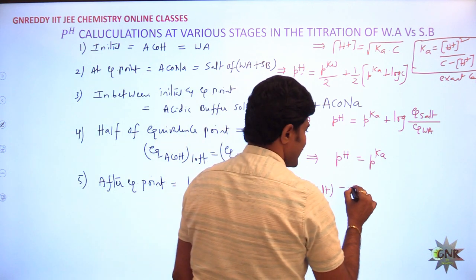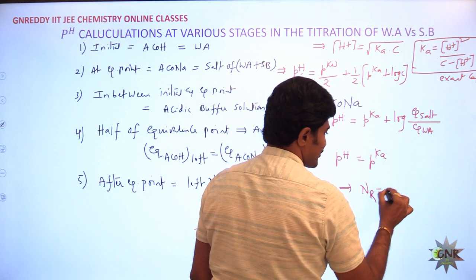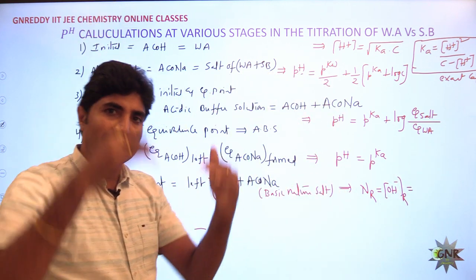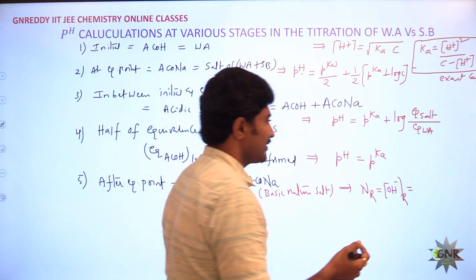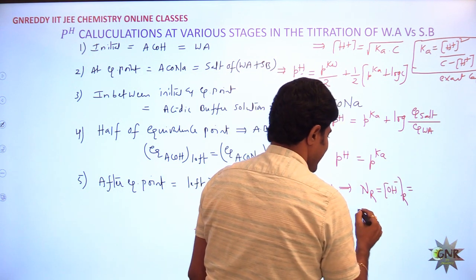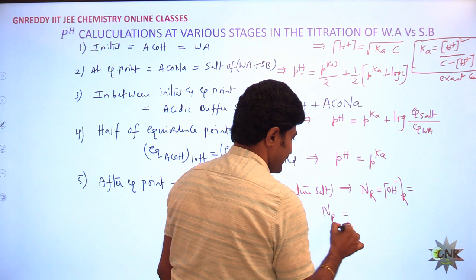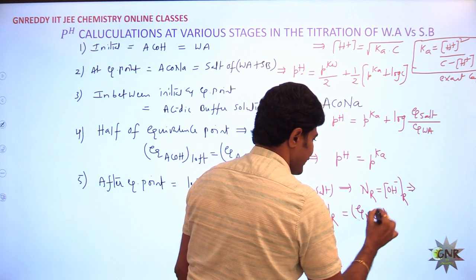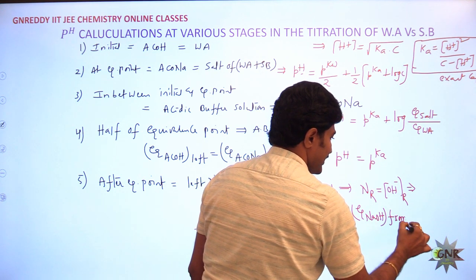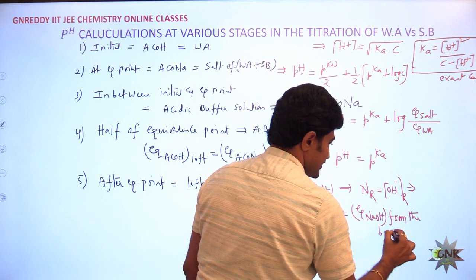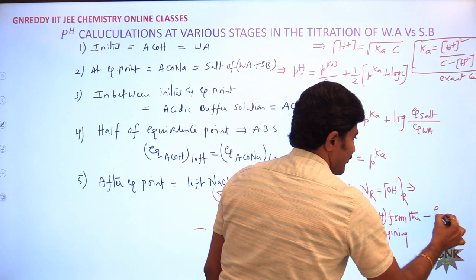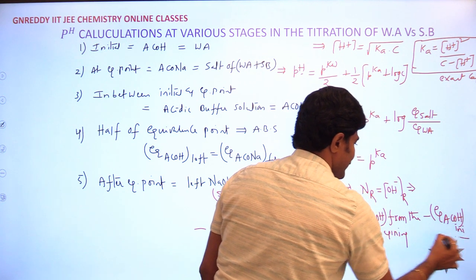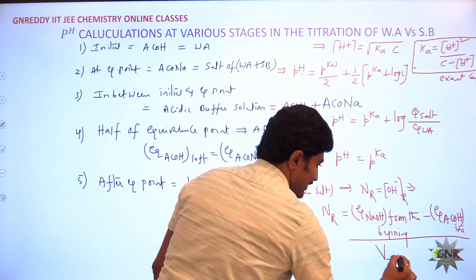So how do you calculate pH? First find the resultant normality of the solution. How do you get it? From the beginning, how many equivalents of sodium hydroxide were added, minus how many equivalents were consumed by the acetic acid initially taken, divided by the total volume in liters.